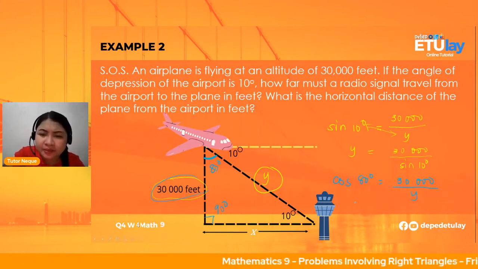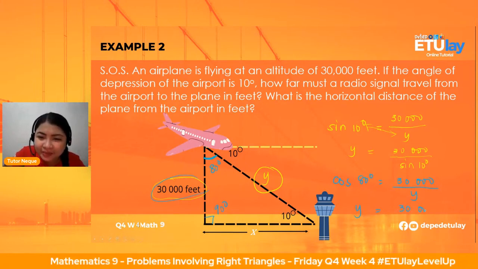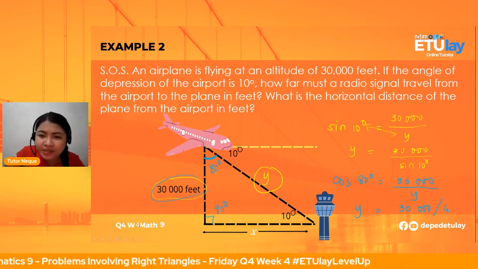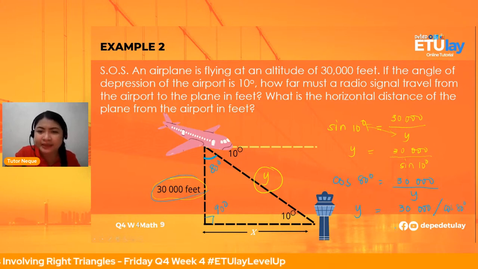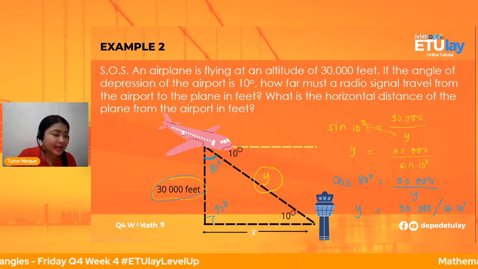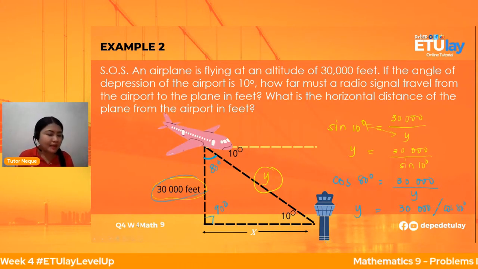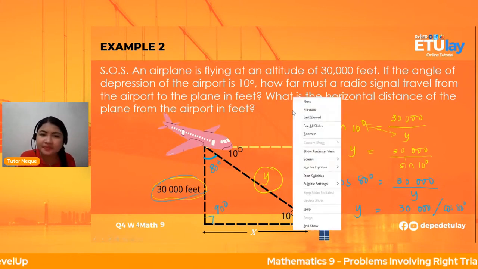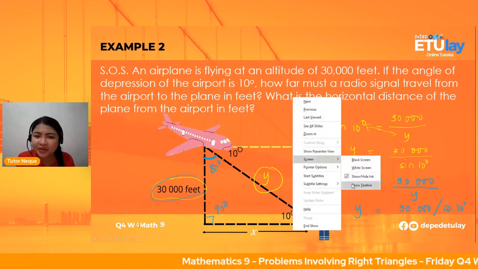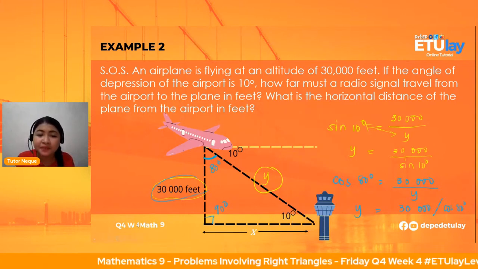Malupitang Hokage technique ulit. Y is equal to 30,000. Nakikita ba natin ang malinaw? Divided by cosine 80 degrees. Okay? Parehas ba ang lalabas sa sagot dyan? Let us double check. Meron parehas bang sagot? Makukuha nating sagot.